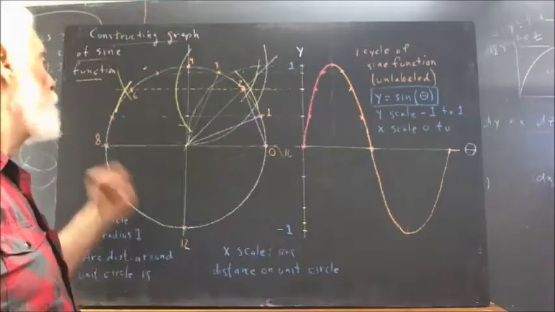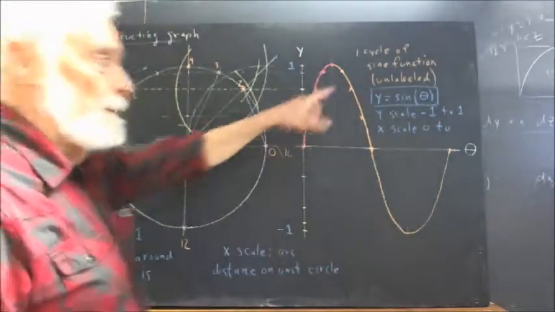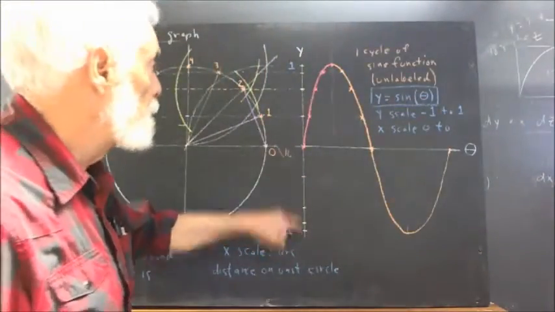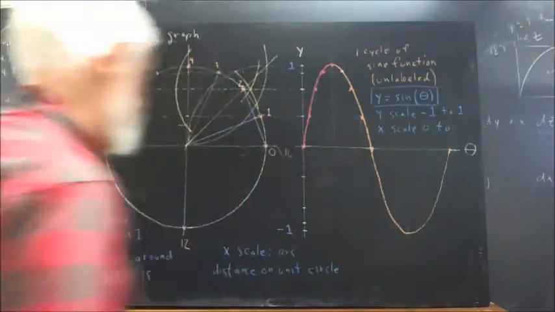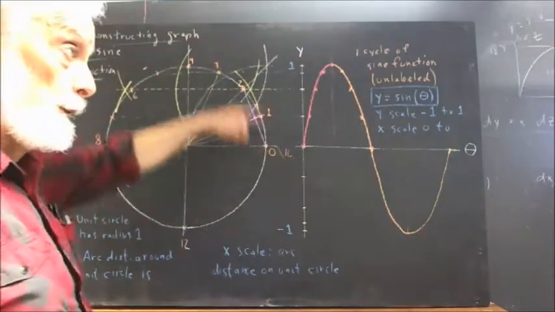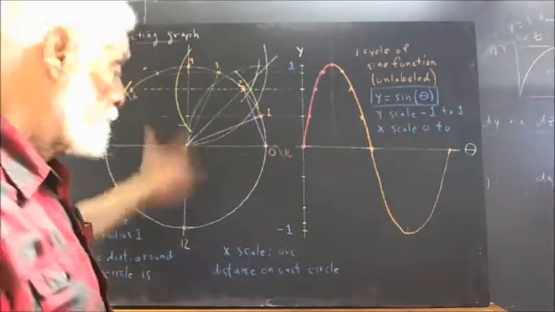Okay, so first of all, we're going to assume for the sine function that the y-axis goes from -1 to 1, with, of course, 0 in between. Now that implies that the circle that we use is a unit circle. That is, the circle has to have radius 1.